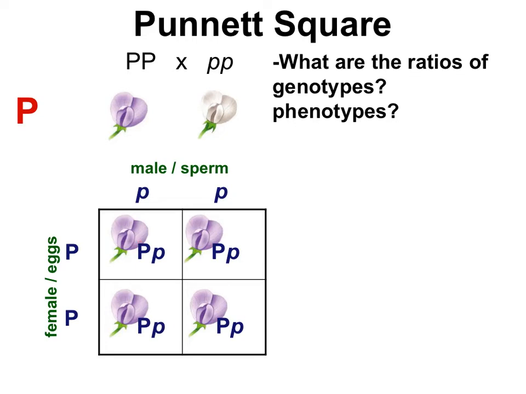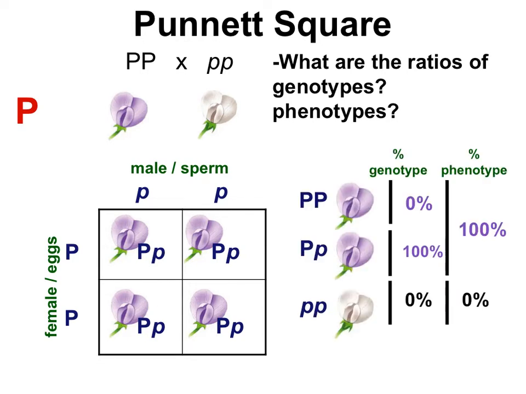Next, you cross the alleles to simulate a fertilization, like this big pea egg was fertilized by this little pea sperm. Then you count up all of the resulting offspring. So, a pure breeding white plant breeding with a pure breeding purple plant gives these results of all heterozygous purple offspring.